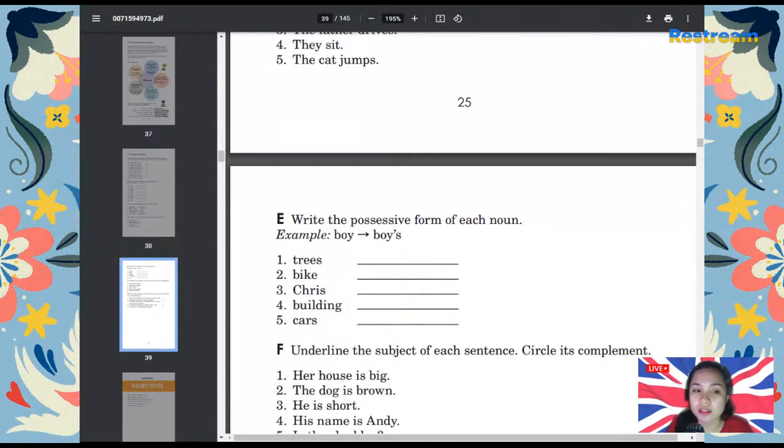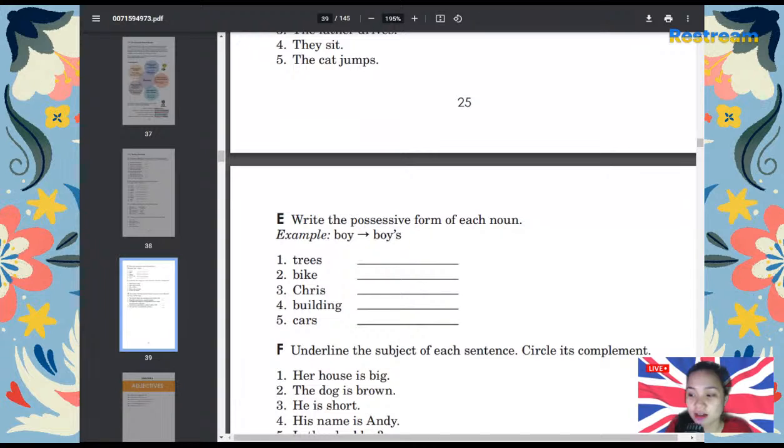Trees. Trees are what you can see in your surroundings or in the streets, where they have fruit. You don't know trees?